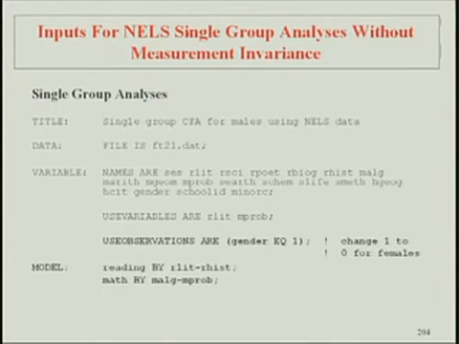So this is a setup for males. If it said gender equals 2, or gender equals 0, then we would be analyzing females. And we have our default model. This is a single group analysis, so we just have our model that we looked at earlier.